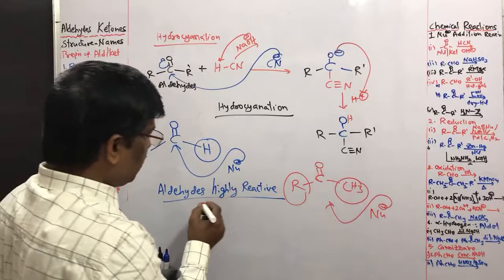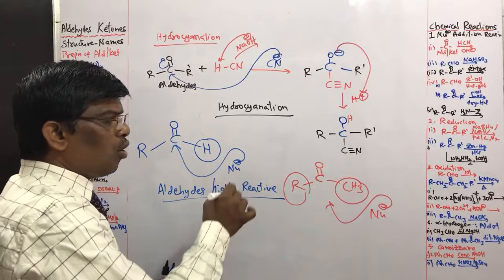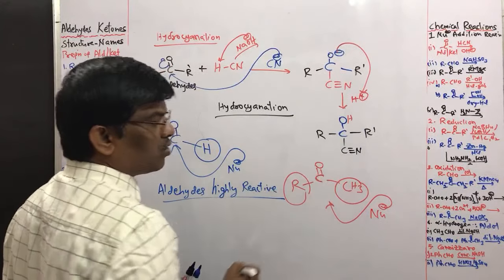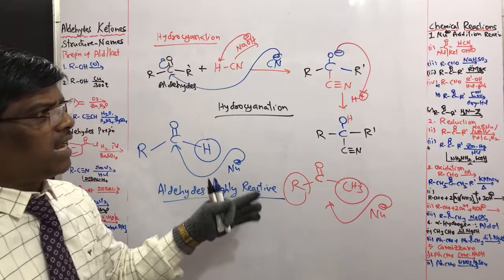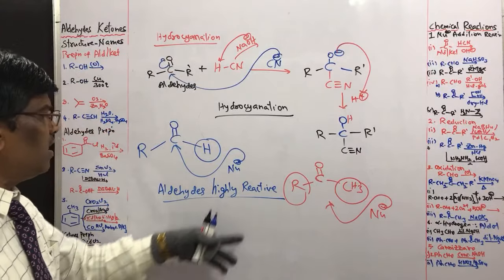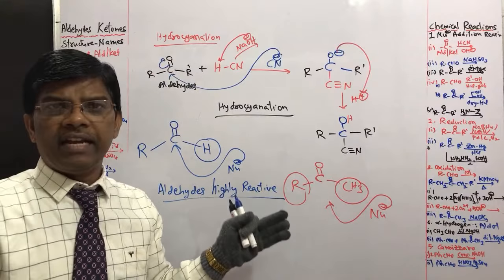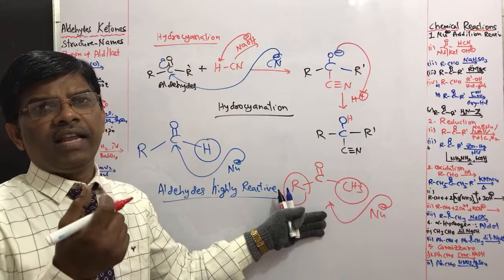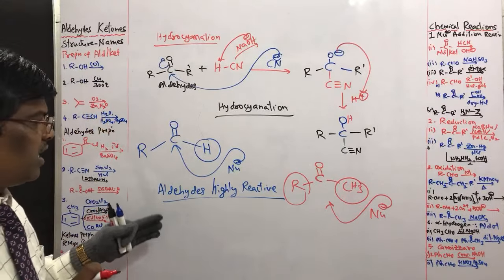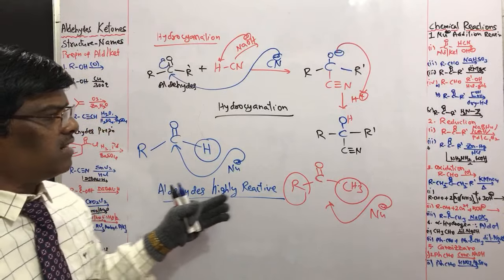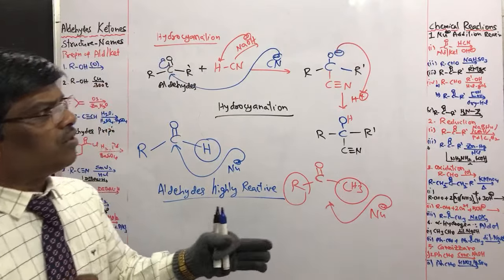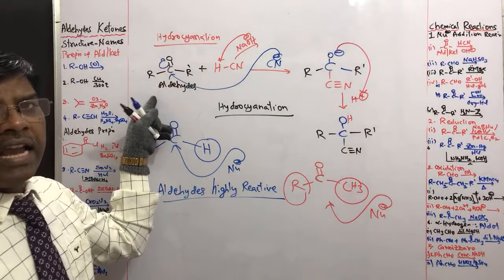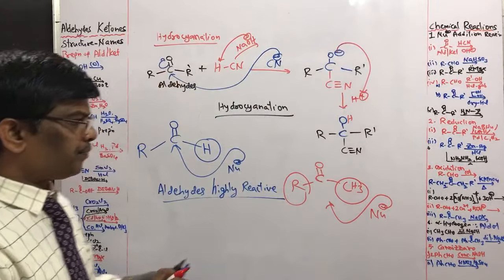So the reactivity of aldehydes towards nucleophilic addition is more when compared to ketones. That is why ketones are less reactive towards nucleophilic addition reaction. Otherwise, ketones and aldehydes both undergo nucleophilic addition, but the rate of reaction is faster in aldehydes. So this hydrocyanation will be carried out on aldehydes, and at the same time ketones.